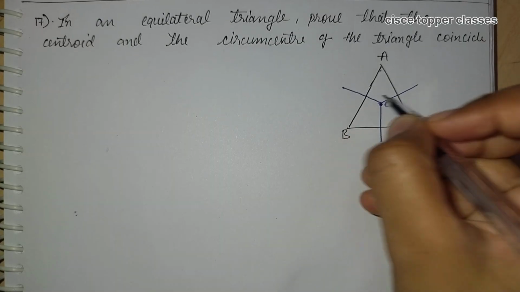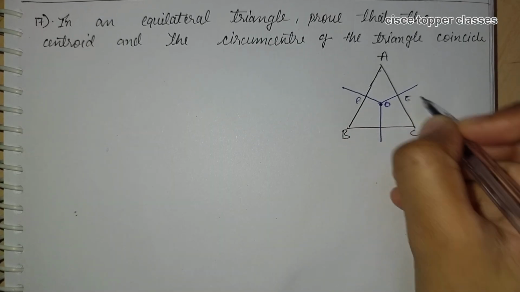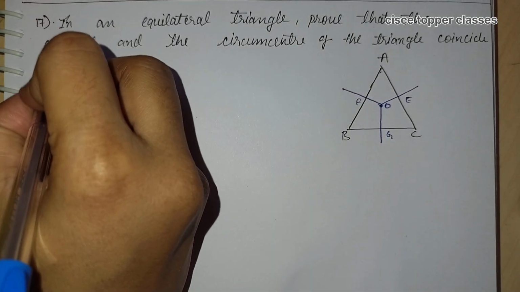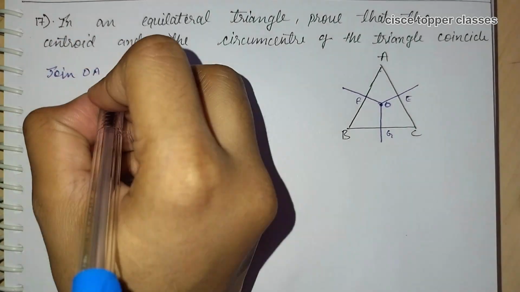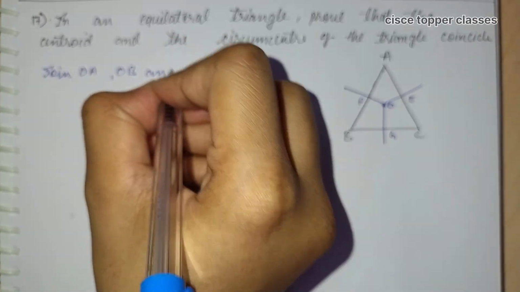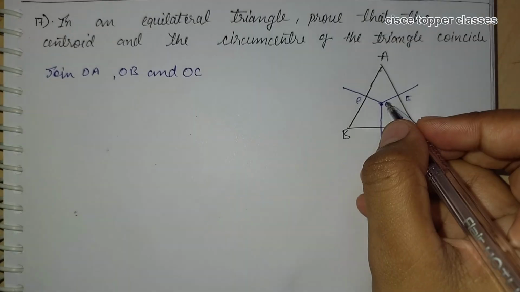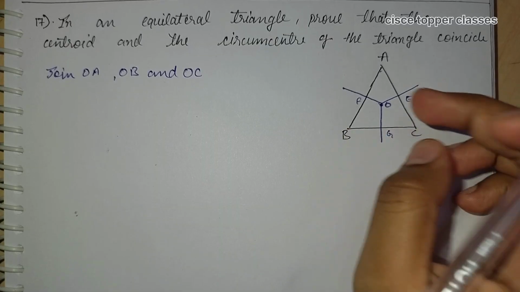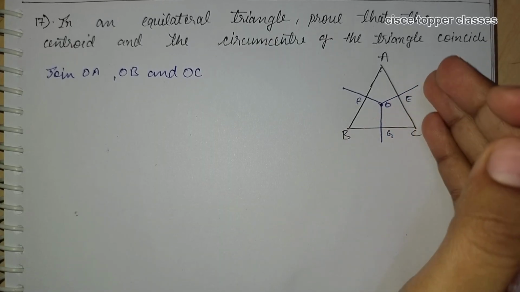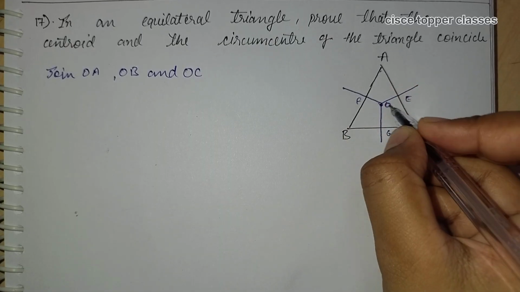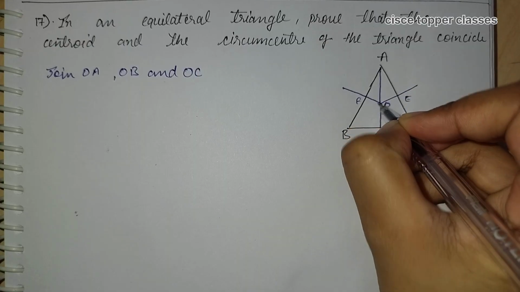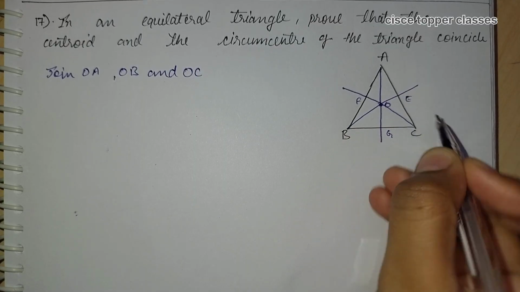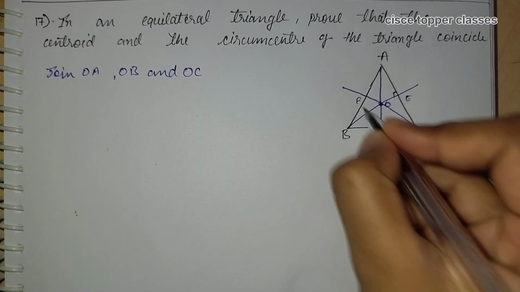Let these points be F, E, and G, and here we will join OA, OB and OC from O, because this is the center. Here the circumcenter is the intersection of all the perpendicular bisectors, and from there we will join AO, OB, OC, and these are the perpendicular bisectors.